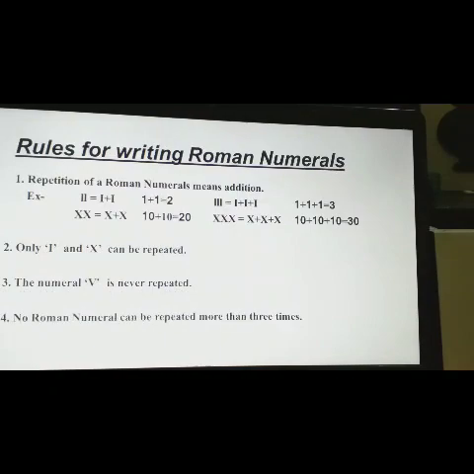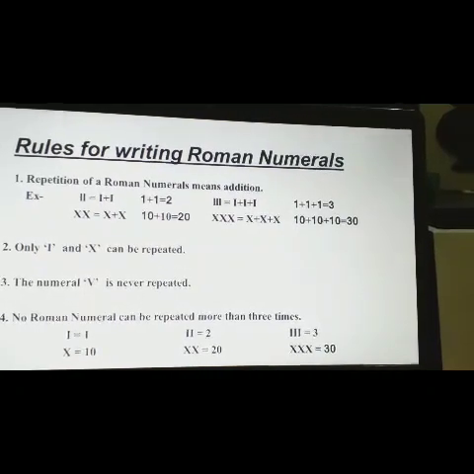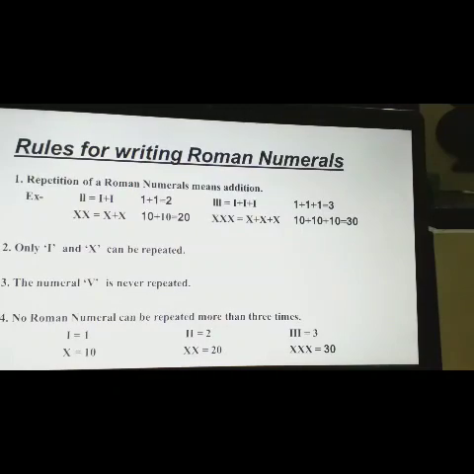Now, rule number 4: no numeral can be repeated more than 3 times. For example, I is equal to 1, II means 2, and III means 3, and X is equal to 10. XX, that means 10 plus 10 is equal to 20, and XXX, that means X plus X plus X is equal to 30.